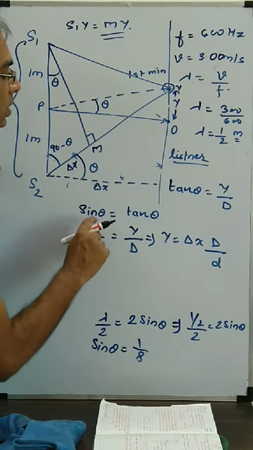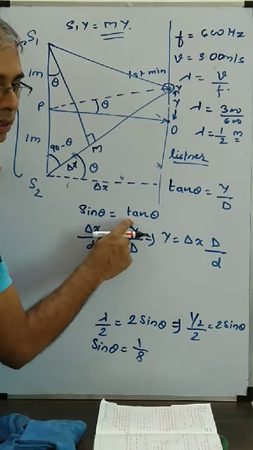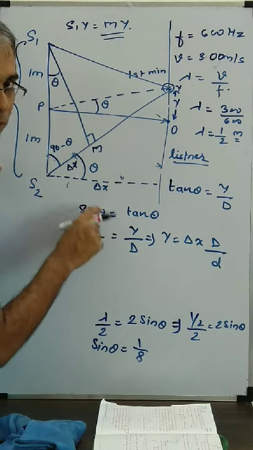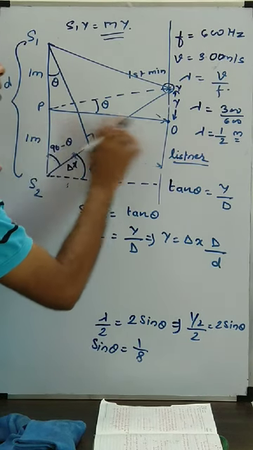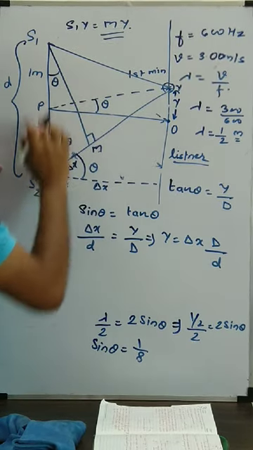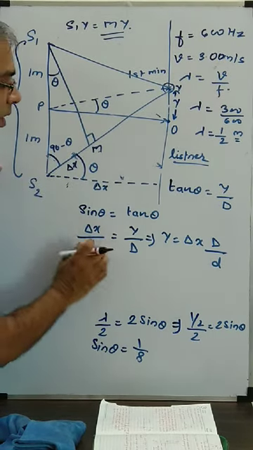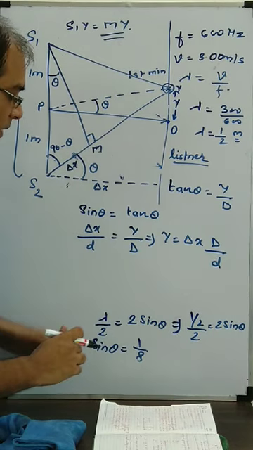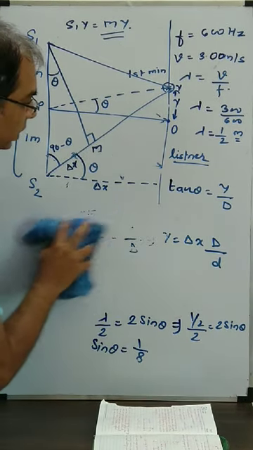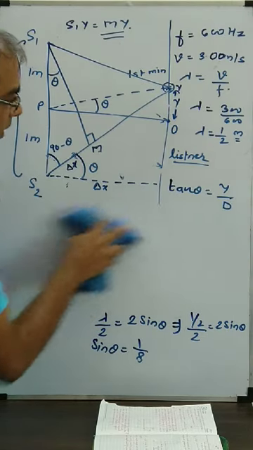But remember, this will be done only when theta value is very, very small. When can it happen? When the screen and the sources are placed at a very large distance compared to the distance between the two sources. Then you will use it. Otherwise, we will get the sine theta value as we have done over here. Sine theta we calculated, and from here we will calculate tan theta also.